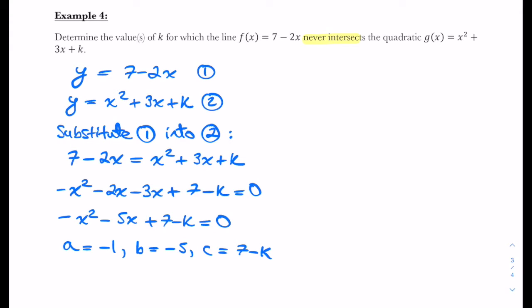As I mentioned before, we don't want any solutions to this system, so our condition is that the discriminant is negative or less than 0. So let me start out by writing the discriminant. We want b squared minus 4ac to be negative.